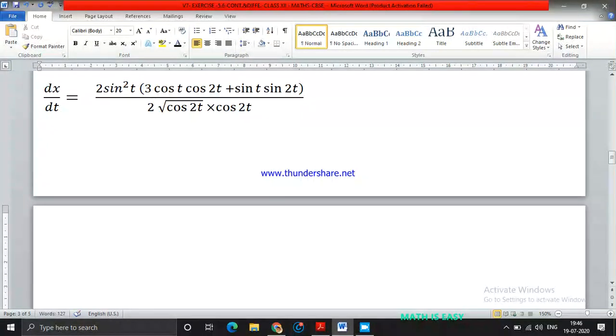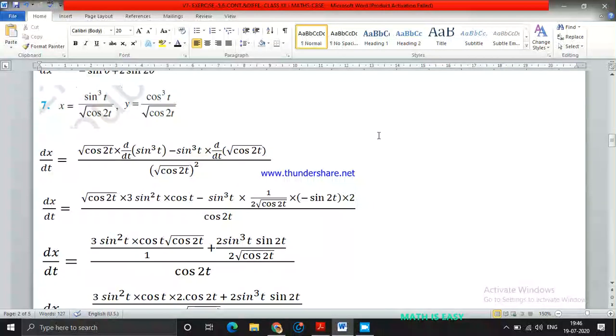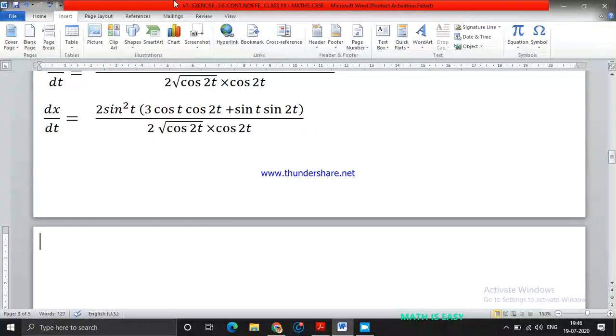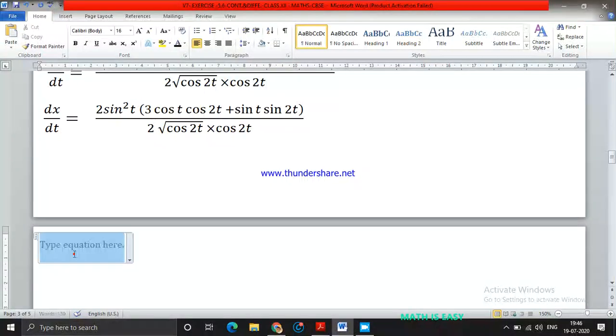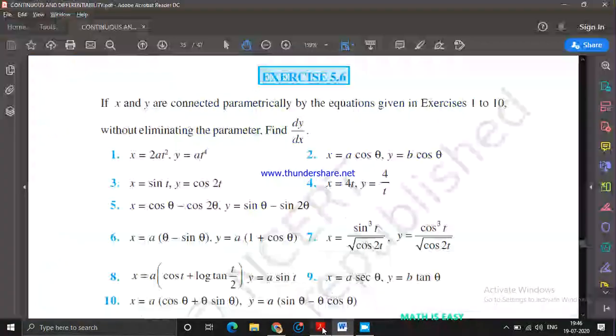So finally we got dx by dt. See how lengthy it is. Now I want to find dy by dt. So I'll write dy by dt as it is from the solution set. You do in the homework how to find dy by dt, the same way as we found dx by dt.